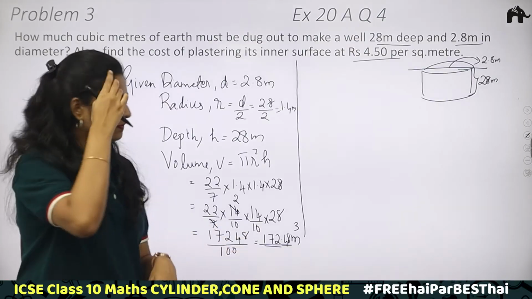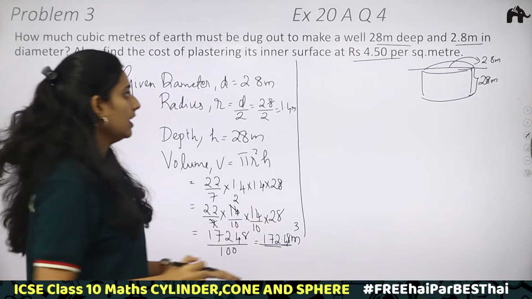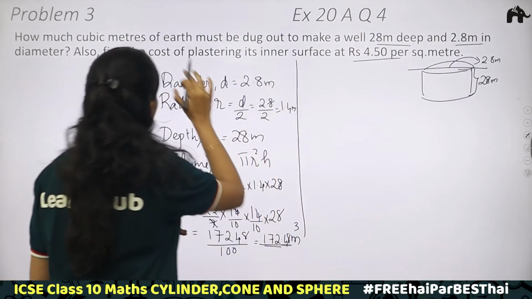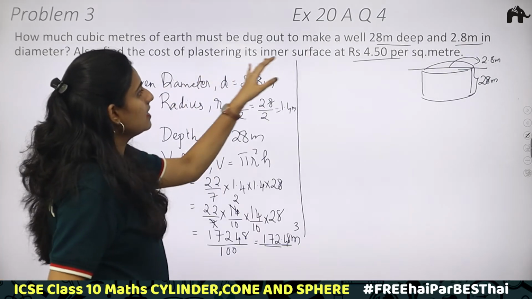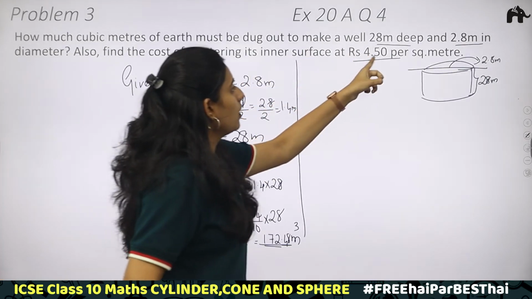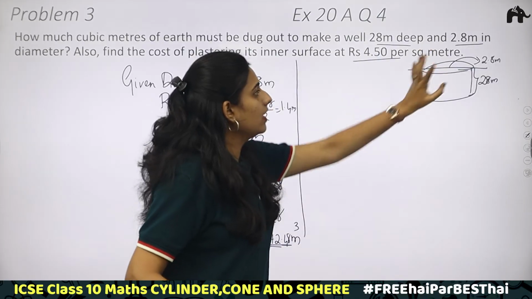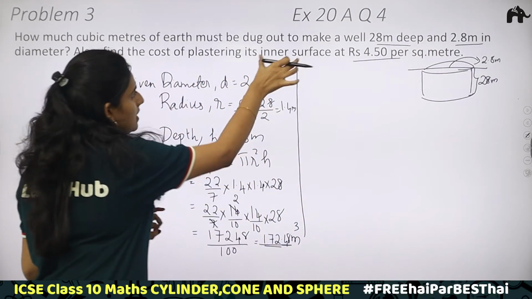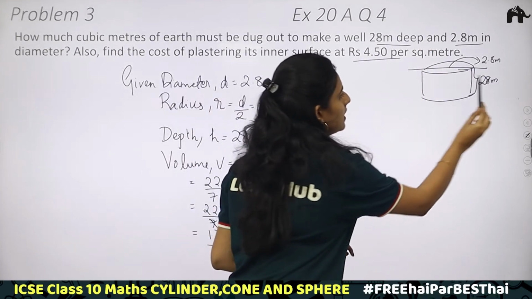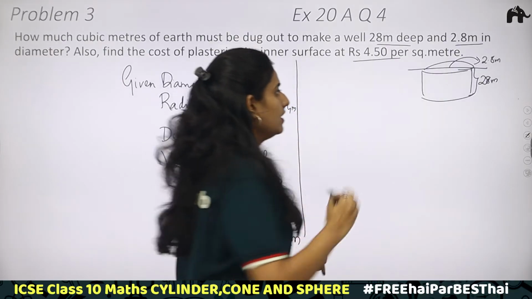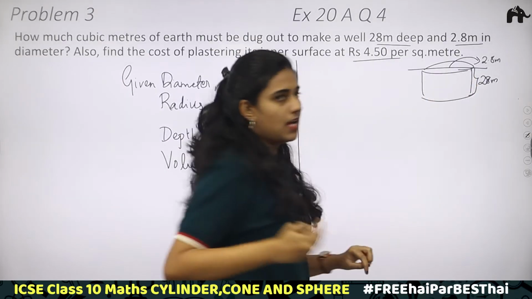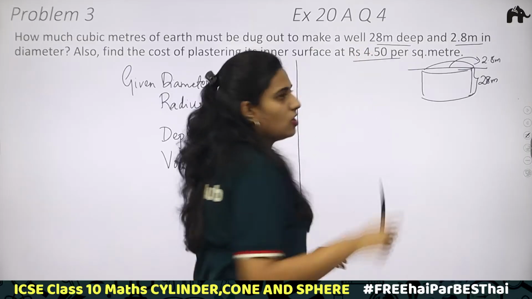172.48 meter cube. Okay. Next, we need to find the cost of plastering its inner surface at rupees 4.50 per square meter. Inner surface means the curved surface. If the curved surface is to be plastered, we need to find the cost.